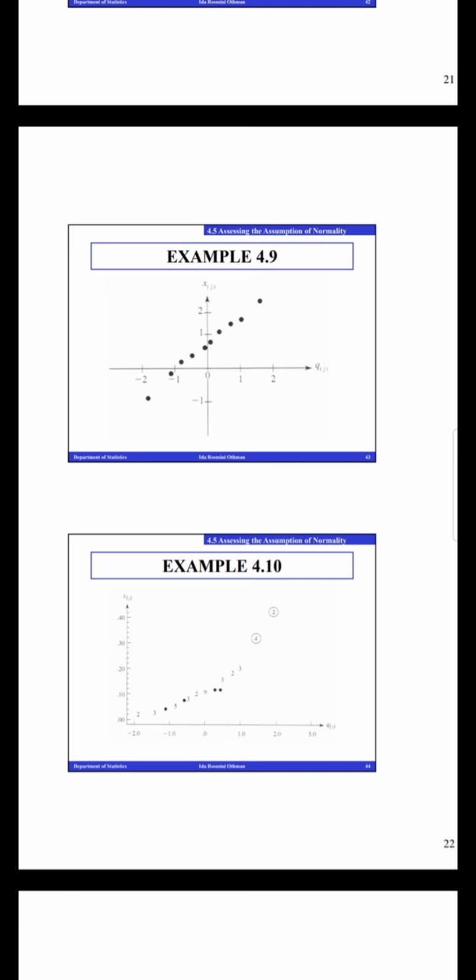Okay, dia terbentuk approximately straight line. So we can say that the data are normally distributed, so the variable are normal. Okay, so this is the way how you observe the QQ plot.